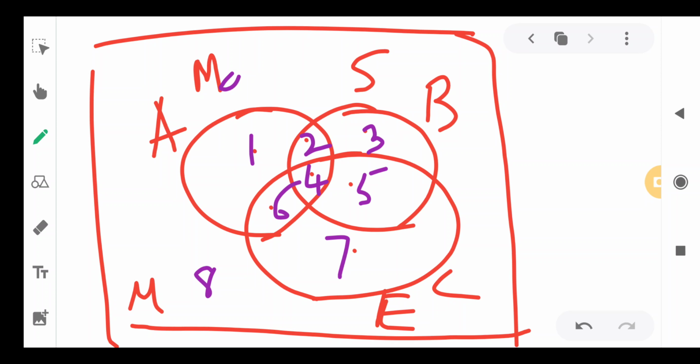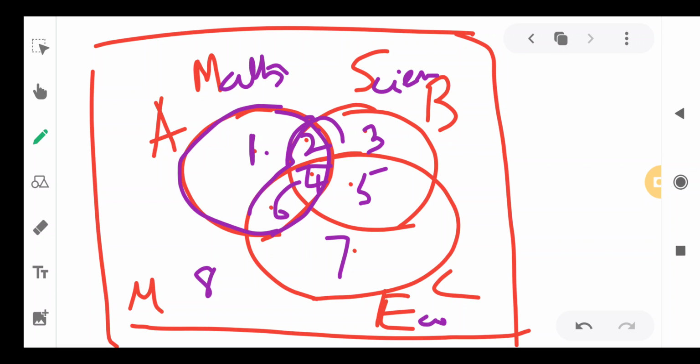This set contains maths students. This region studies only maths. Here it is both maths and science. Here only economics, here economics and maths, here economics and science, here only science.